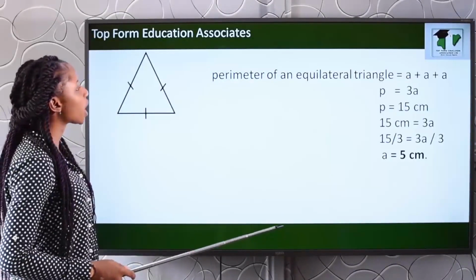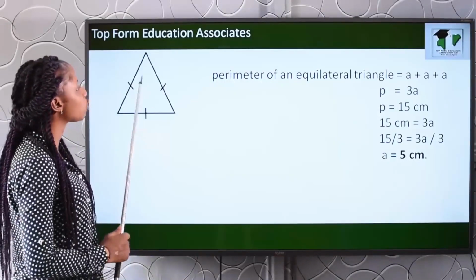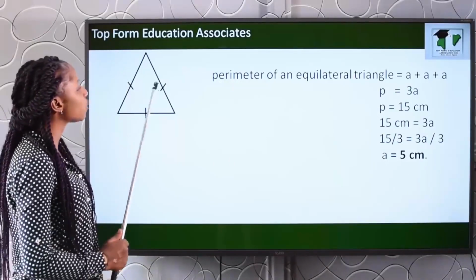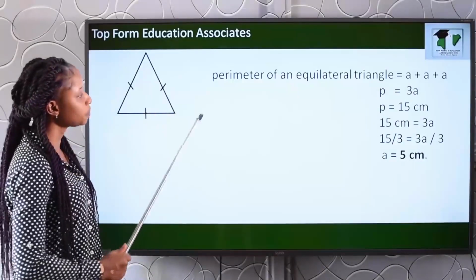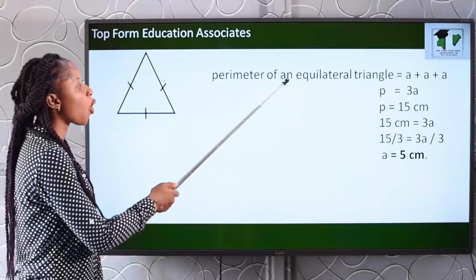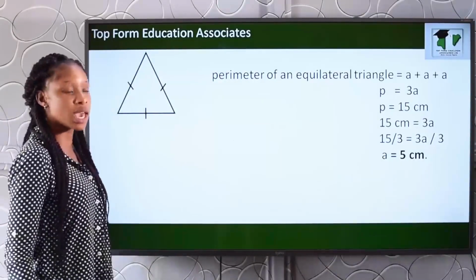Now, finally, we're asked to look for the side of this equilateral triangle. We're given just the perimeter, as 15 centimeters. The perimeter of an equilateral triangle is equal to 3a.